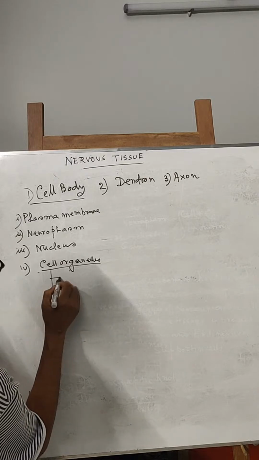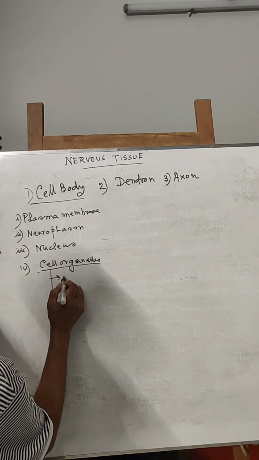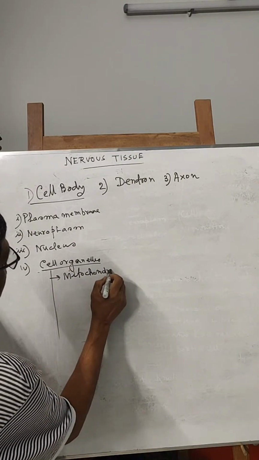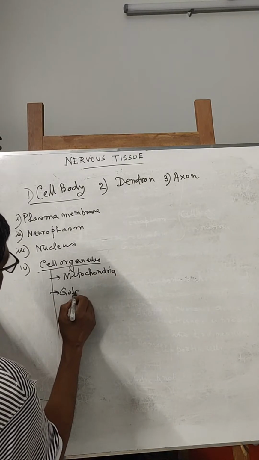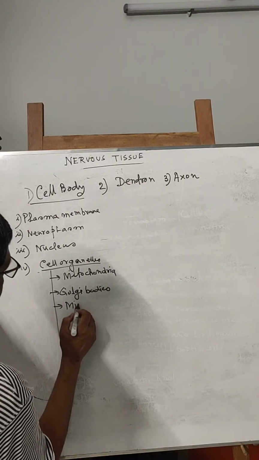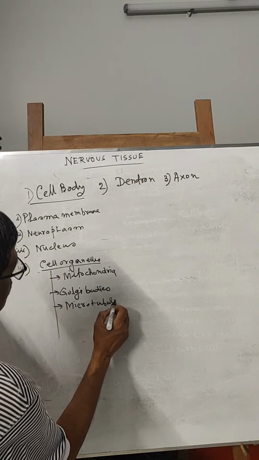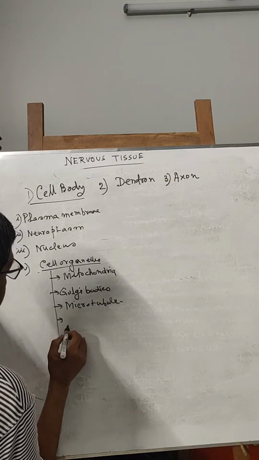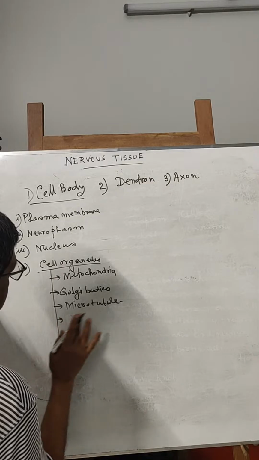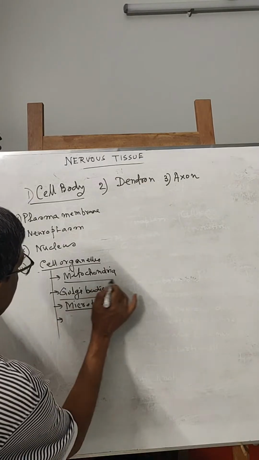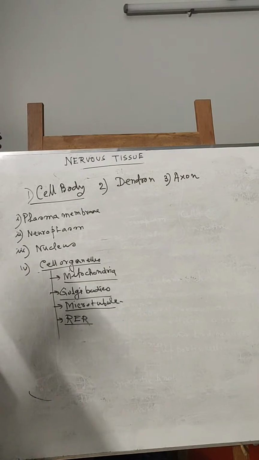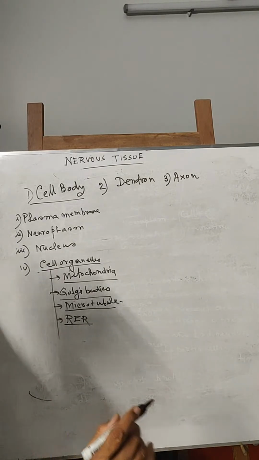There are several types of cell organelles: mitochondria, Golgi bodies, microtubules, RER, rough endoplasmic reticulum, but no active centrosome is present.